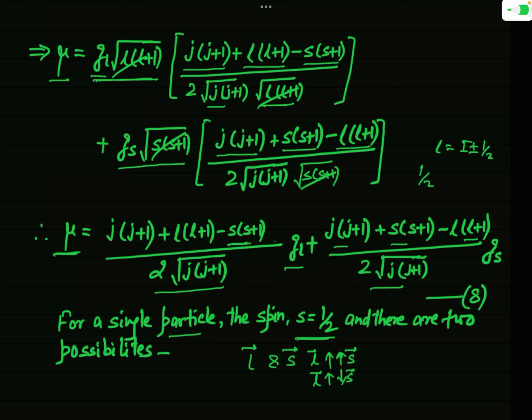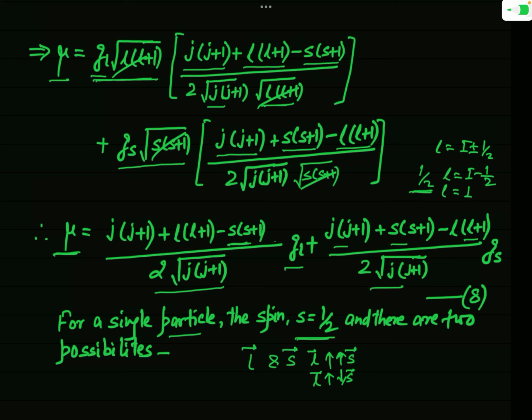I have not done the algebra, you can do it yourself. I am just giving you a hint. In all terms, replace S by 1/2. In the first step, S will be replaced by 1/2. And L will be replaced by I minus 1/2 if the case is a stretch case.